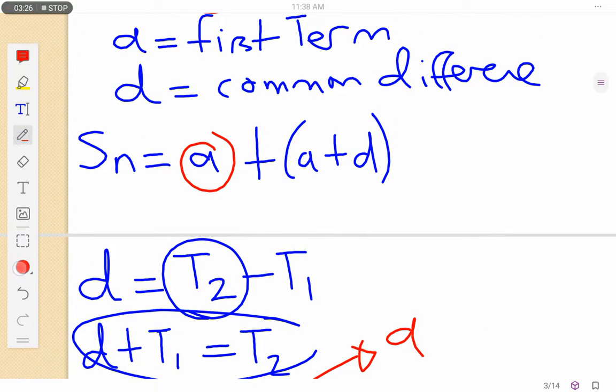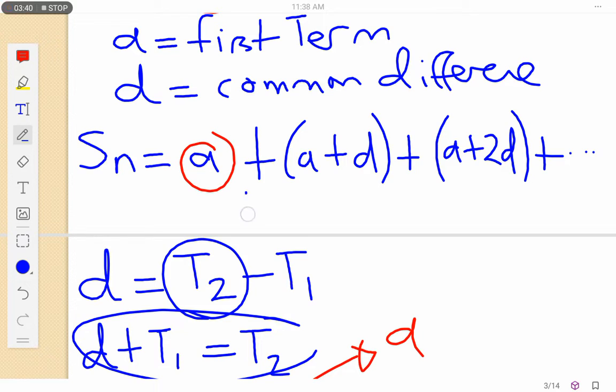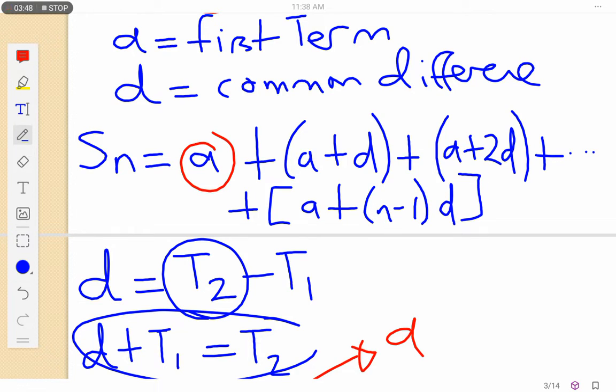Then I'll move on to the third term, which I can simply say is A plus 2D. I've shown you where we are coming from. Then plus ... the last term, which is A plus n minus 1 by the D there.